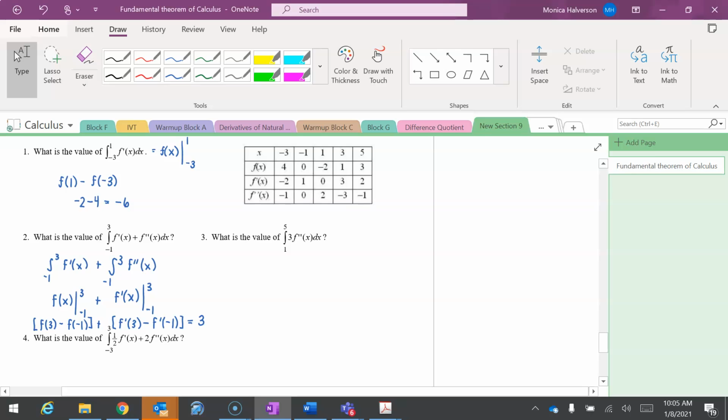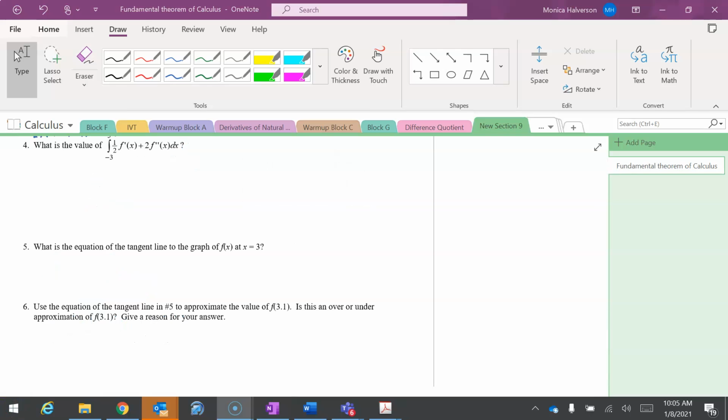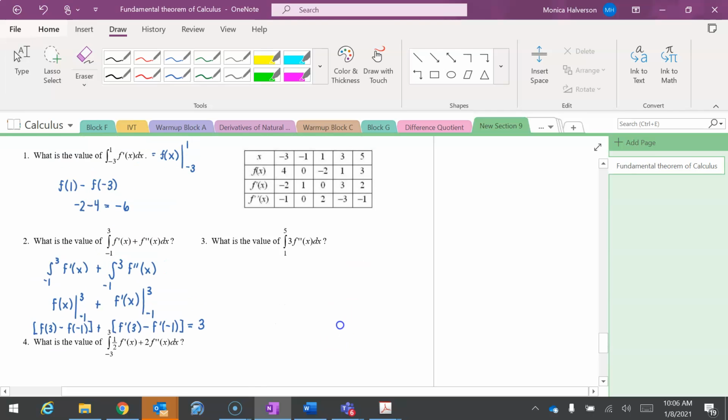All right. Let's put this all together with some review stuff. And let's look at problems 5 and 6. Number 5. What is the equation of the tangent line to the graph of f of x at x equals 3? So remember, with the equation of the tangent line, we need the slope and we need the point of tangency. Well, we're going to know the point of tangency when x equals 3.